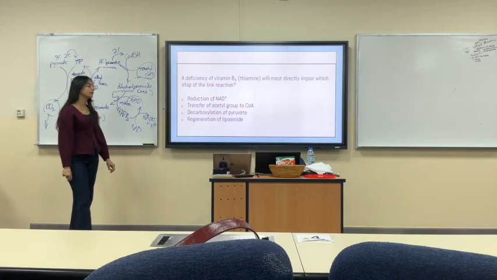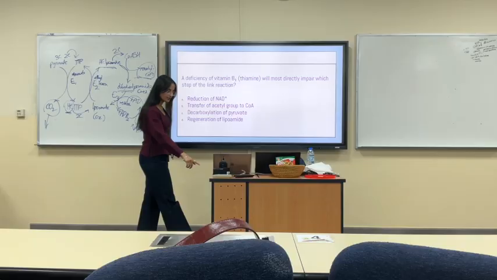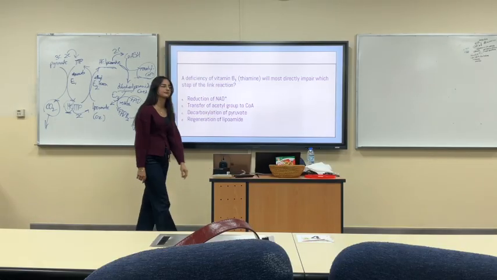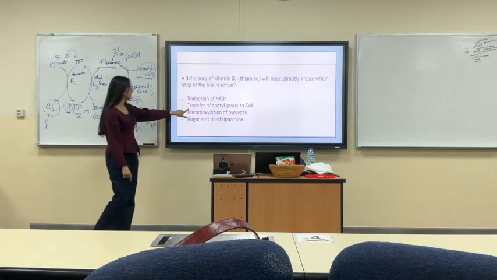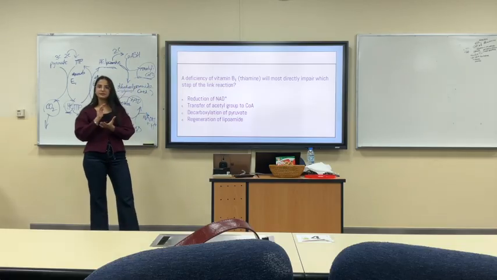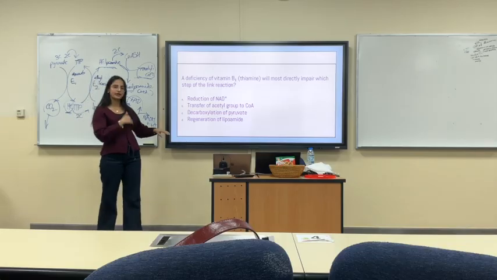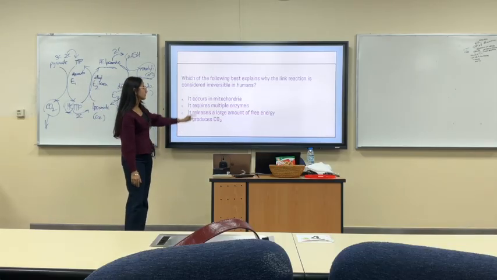Which is TPP, by the way. Yes? C. Decarboxylation of pyruvate. That is correct. Wherever you see vitamin B1, wherever you see thiamine, it's always decarboxylation, and you will keep re-encountering this over the course.